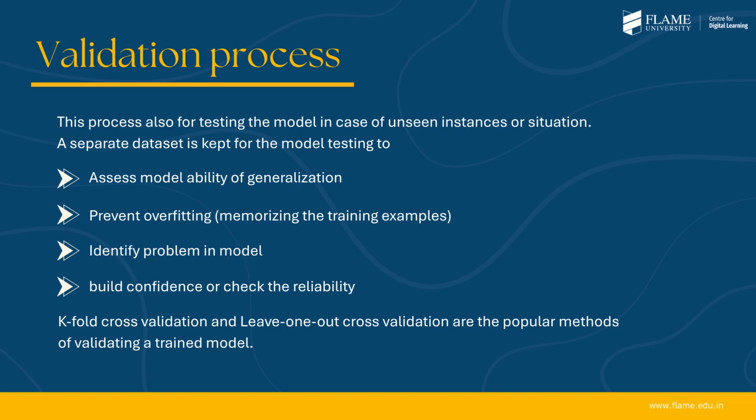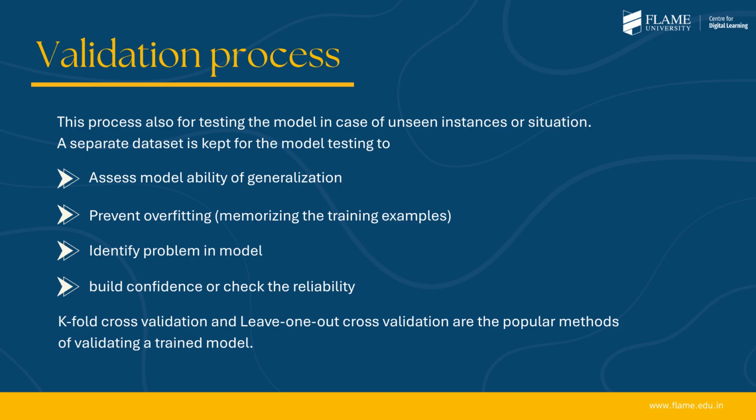Some of the very popular methods for this kind of validation approach are k-fold cross validation and leave-one-out cross validation. In the case of k-fold cross validation, we divide our data into k different segments, and on every segment we test our model and find out the average performance of our model at a finer granularity of the data.